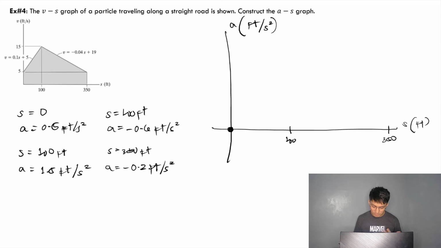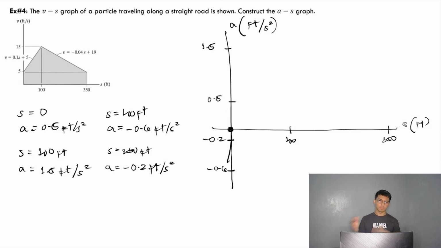Now plotting the acceleration points, we have 0.5, 1.5, negative 0.6, extend natin, negative 0.6, and negative 0.2. Ayan, ito na yung atin.